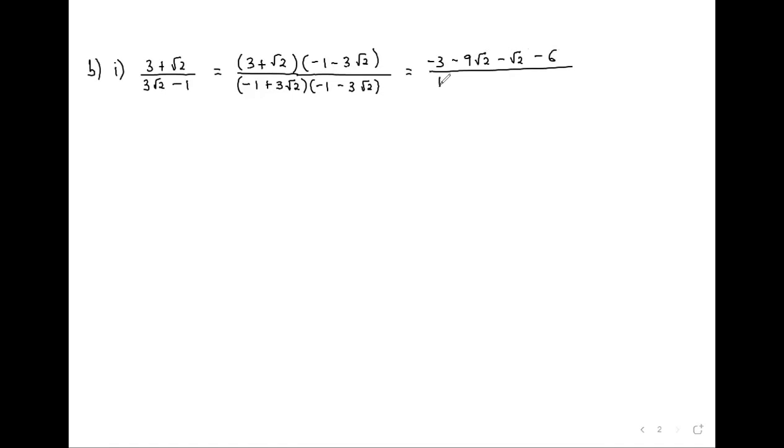Negative 1 times negative 3 root 2, we get positive 3 root 2, and negative 1 times 3 root 2, we get minus 3 root 2, and then 3 times negative 3, we'll get negative 9. Then root 2 times root 2, we get positive 2, giving us negative 18. So that altogether, we have negative 9 when we add these two, and then minus 11 root 2.